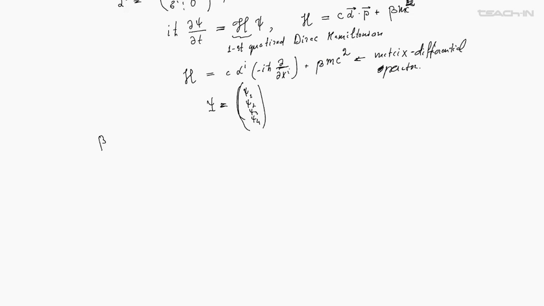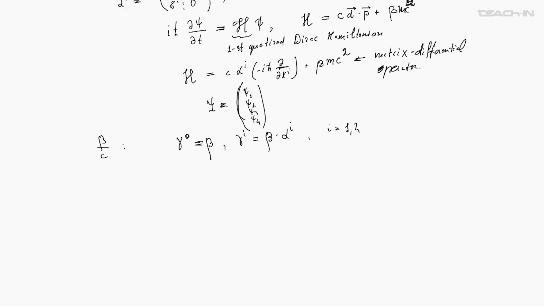And we introduce a new notation. So let's do the following. We identify beta with a matrix gamma with index 0, and we introduce gamma_i, which will be the product of beta with alpha_i, where i is running 1, 2, and 3.